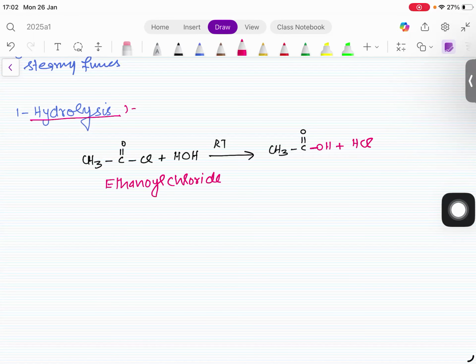Which you have to show. So in short, as I said, the reaction tells you what happened, that acyl chloride, ethanoyl chloride, turned into ethanoic acid, but how all this happened, the mechanism is going to tell you. This mechanism is 2 steps.